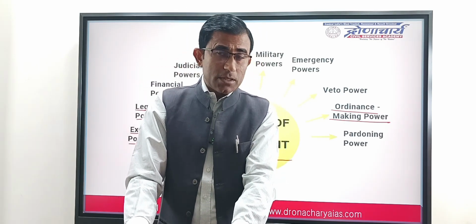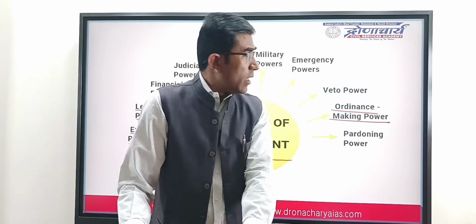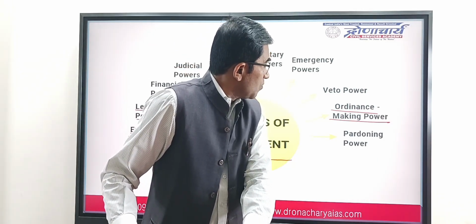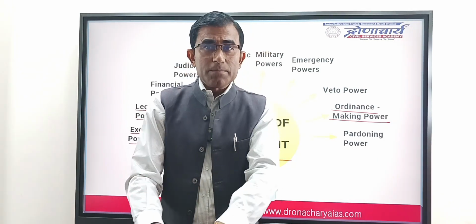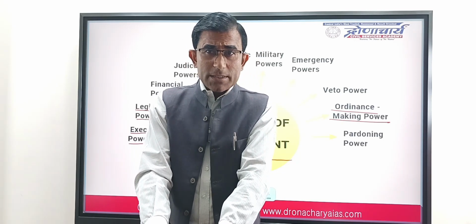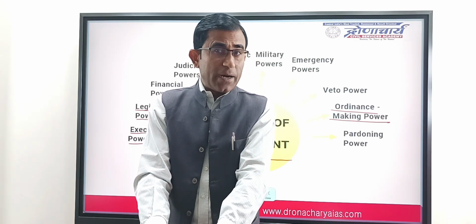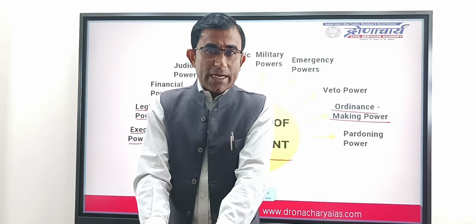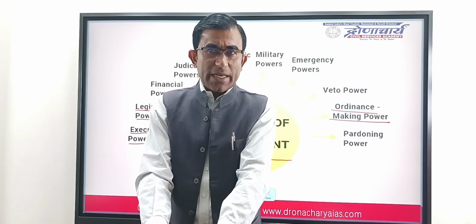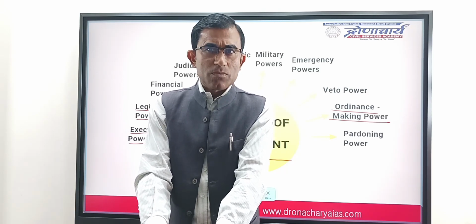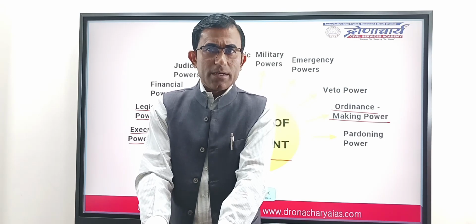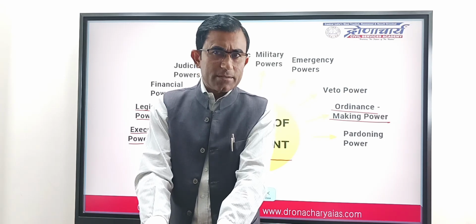Important features of ordinance making power. Ordinances have the same force as an act of Parliament. They are temporary in nature. They can be retrospective, which means they may come into force from a back date.